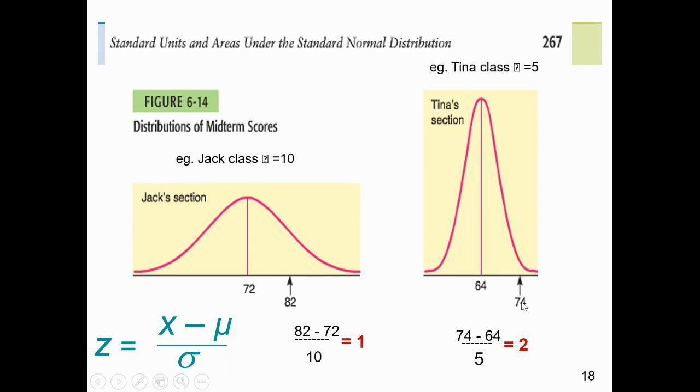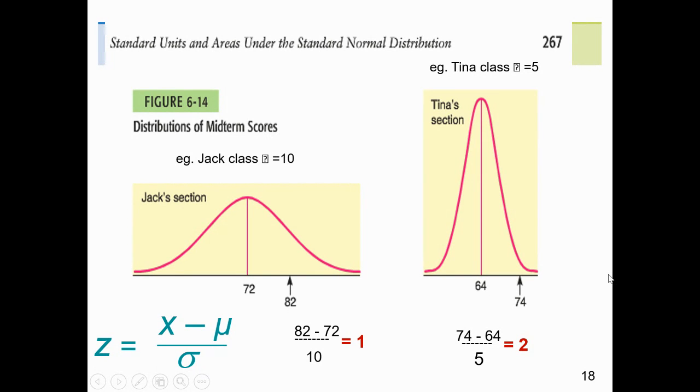But relative to her whole class, Tina did better. Her score was 2 standard deviations above the mean. Jack was only 1. But you're saying to yourself, hey, great that she's 2 standard deviations, I would rather have an 82 on a test rather than a 74. So relative to her class, she did better, but Jack's score obviously still was higher.